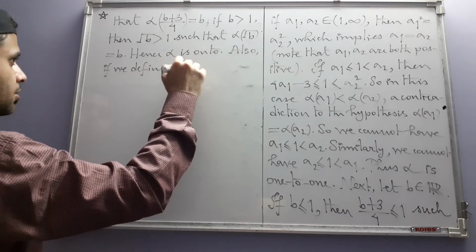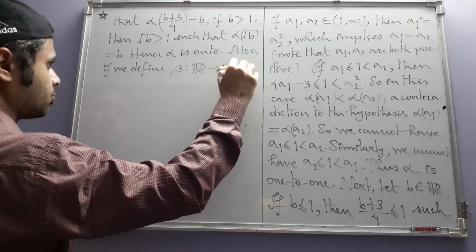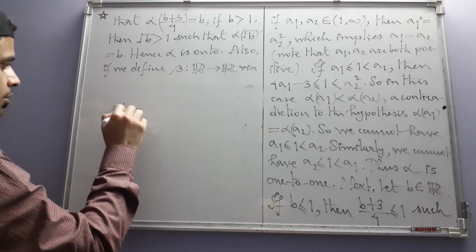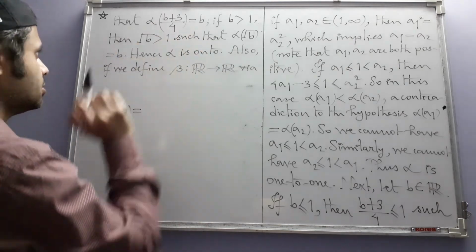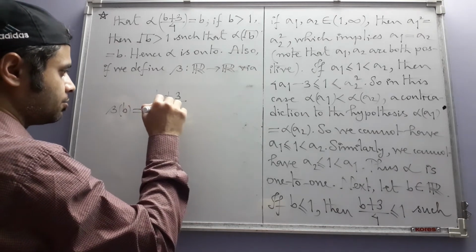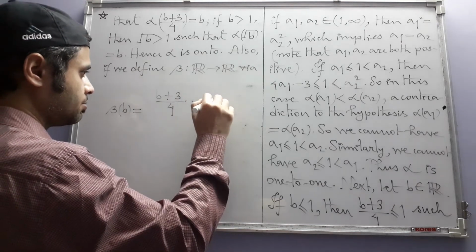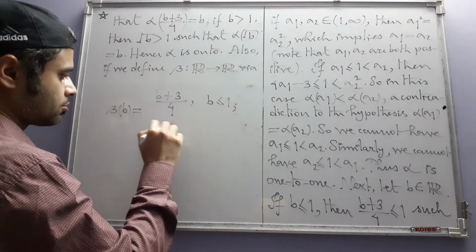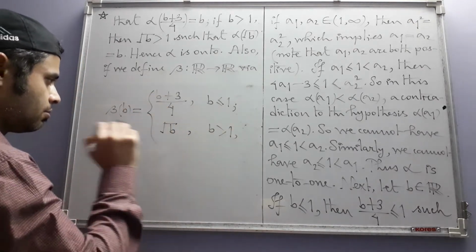If we define beta from R into R via this formula, beta of B equal to, like before, the formula for beta will now come from these calculations: (B plus 3) divided by 4 if B is less than or equal to 1, and square root of B if B is greater than 1.